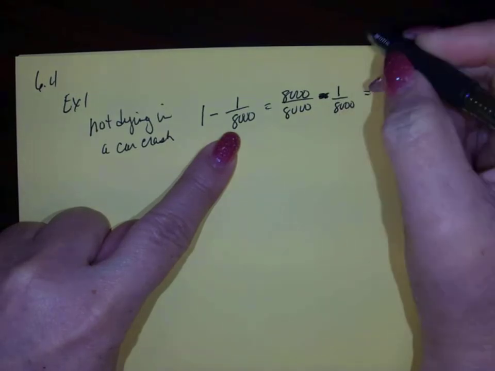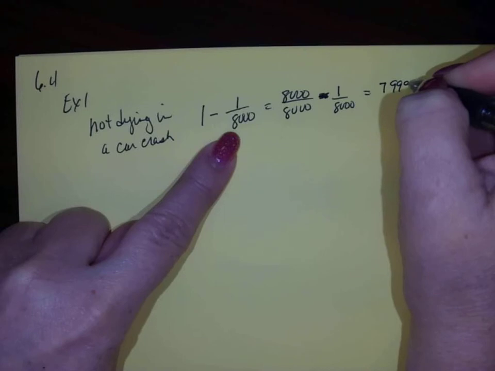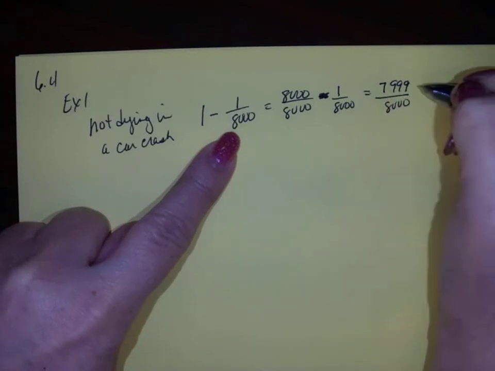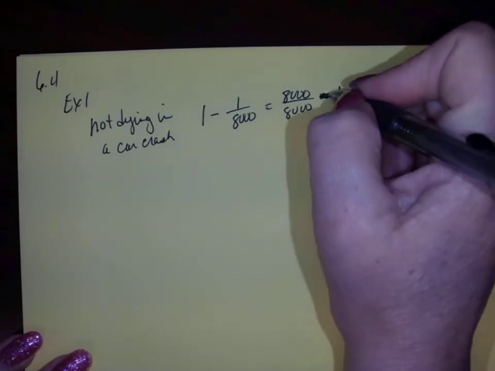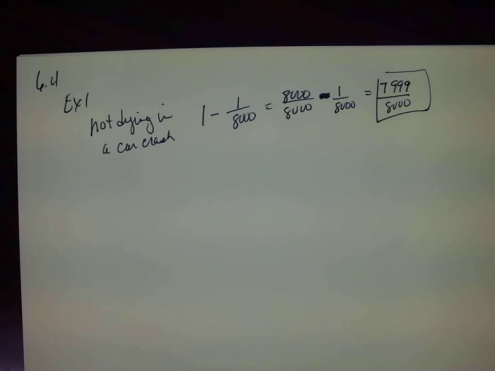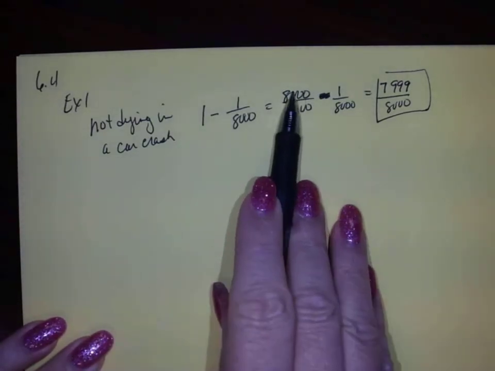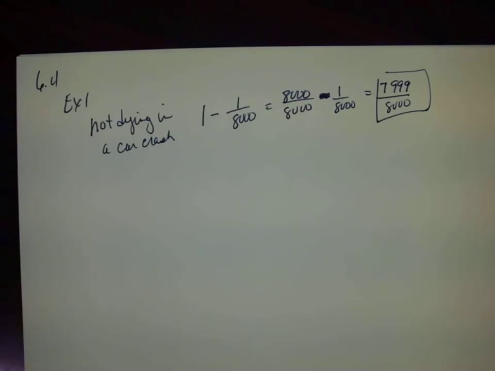And so that will get us 7,999 out of 8,000. That would be our answer. So this should be a subtraction symbol. I got my equal sign going too early. All right, so get your common denominator and then subtract it out. So 8,000 minus 1 is 7,999 over a total of 8,000.